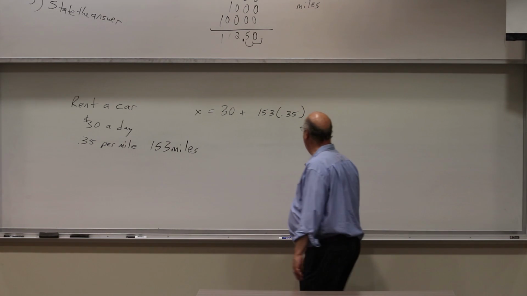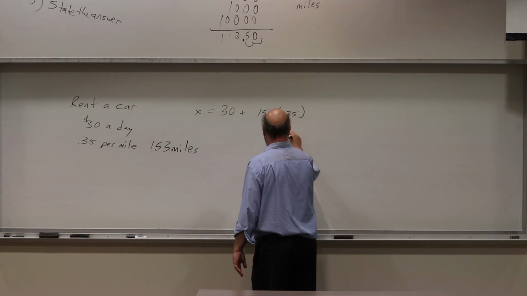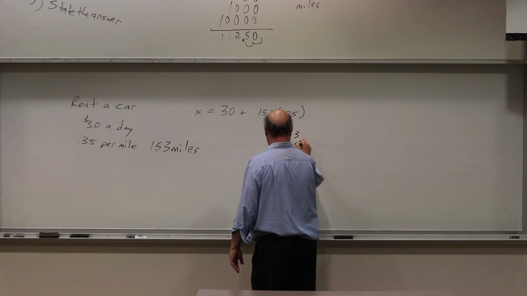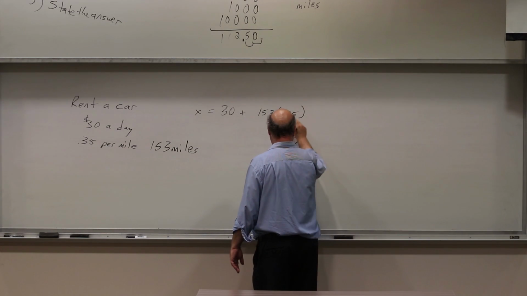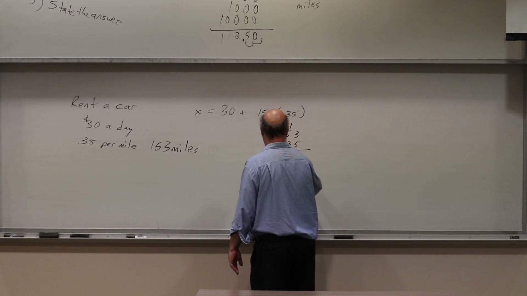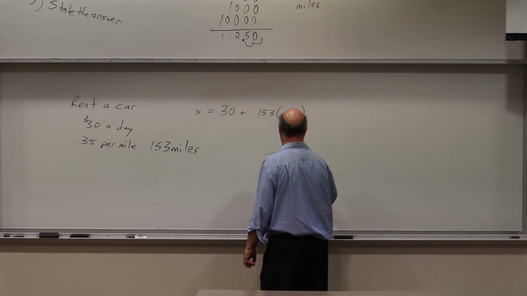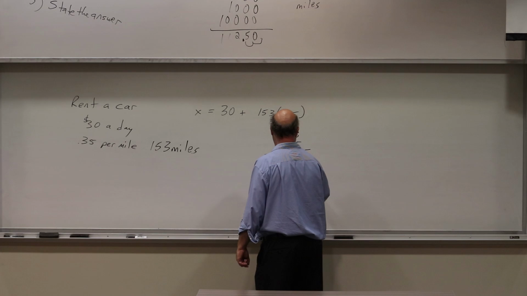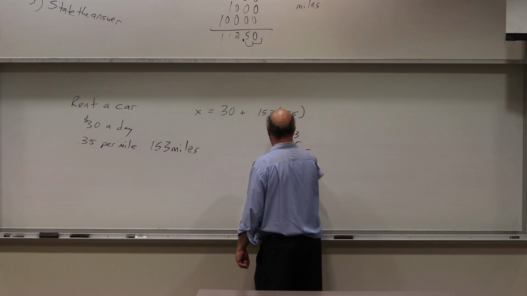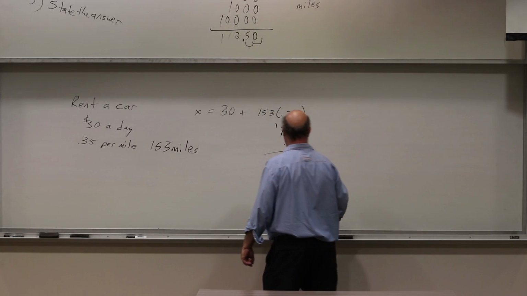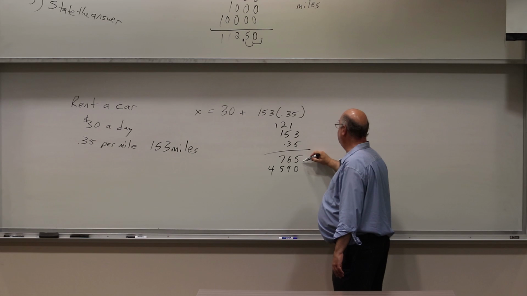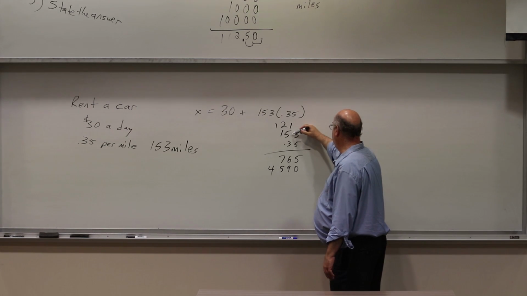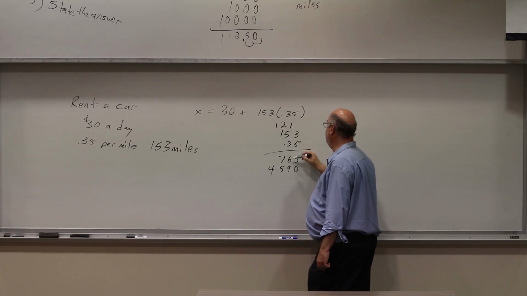Okay. Let's multiply. Okay, let's make sure we got it right. 5 times 3 is 15, carry the 1. 5 times 5 is 25, 26.